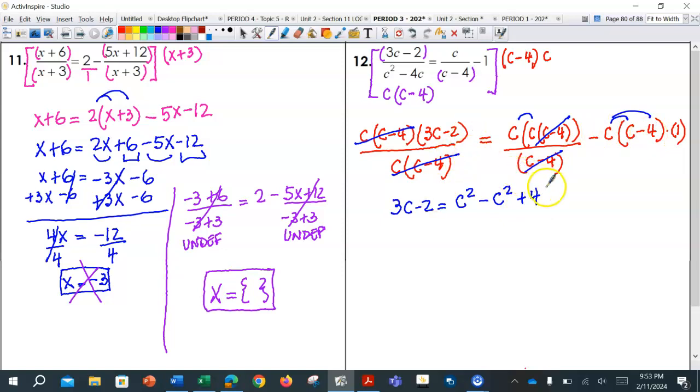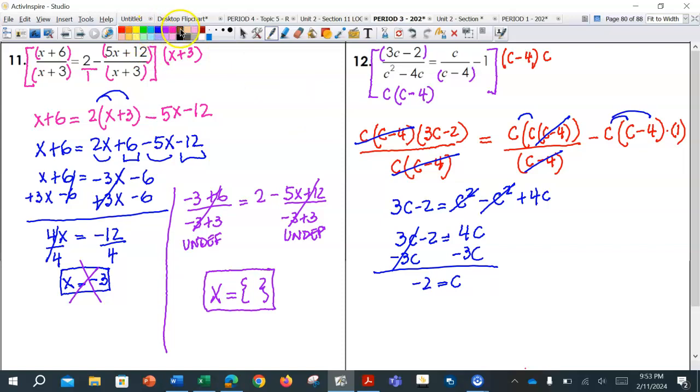So c squared minus c squared cancel out, so we end up with 3c minus 2 equal 4c. And I move the lowest coefficient, and c is equal to negative 2. We check, make sure that it's working.